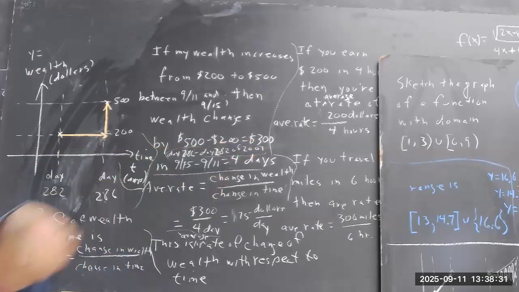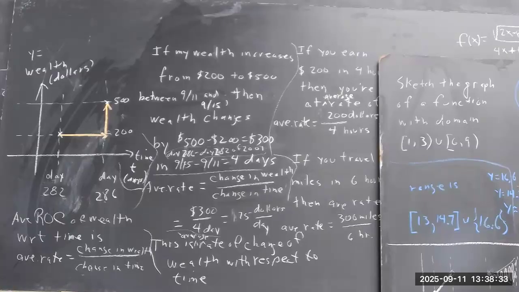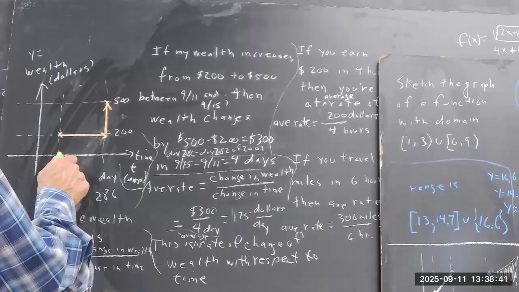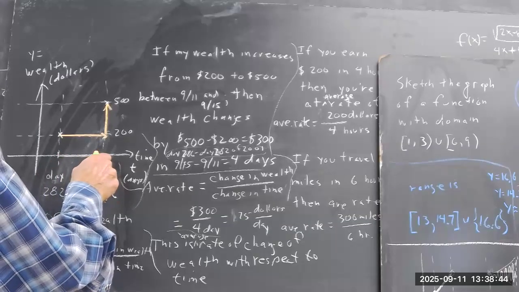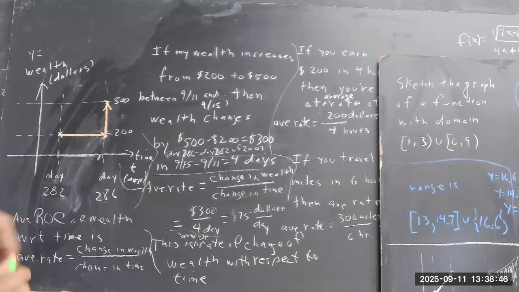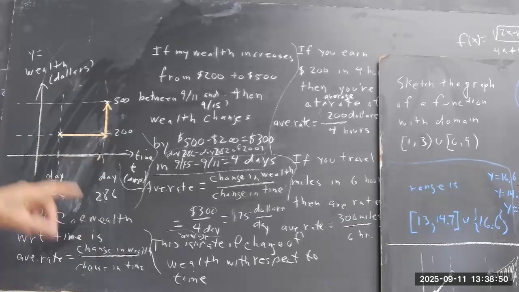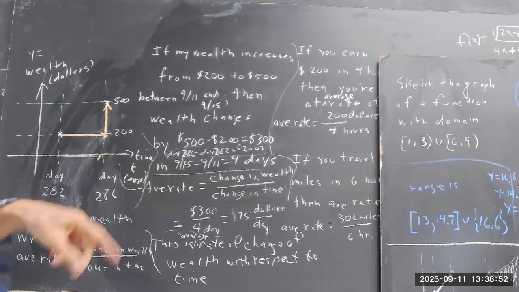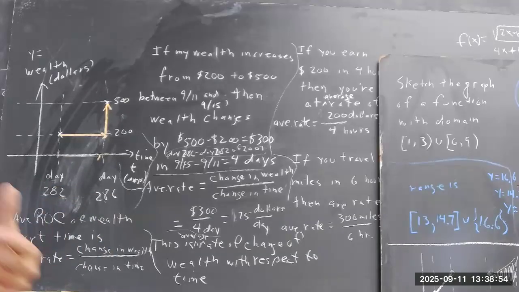How far did it go that way? Give you a hint, it's just as long as this arrow, because these are vertical lines and this is horizontal. How long is this arrow? It goes from what to what? Yeah, it goes from day 282 to day 286. So the length of this arrow is 4 days.